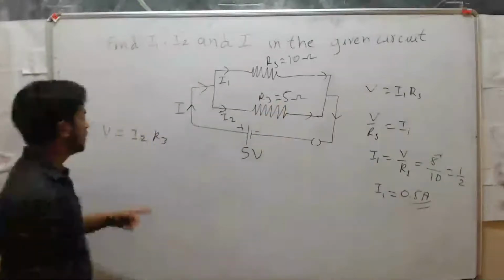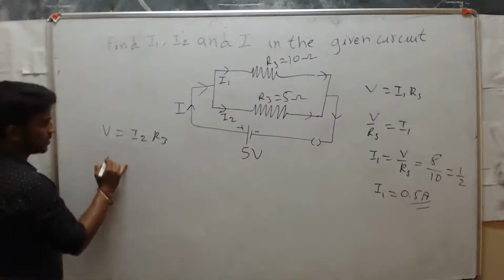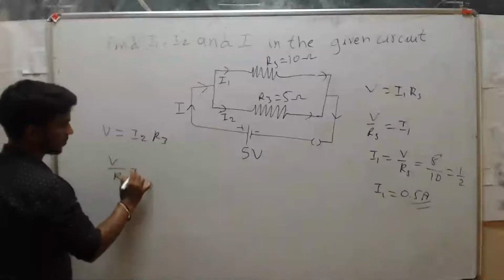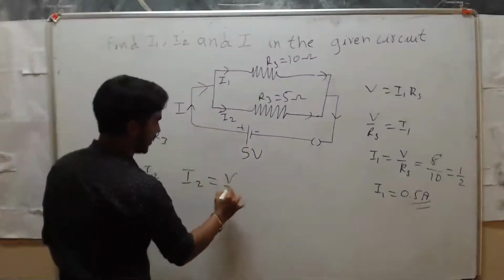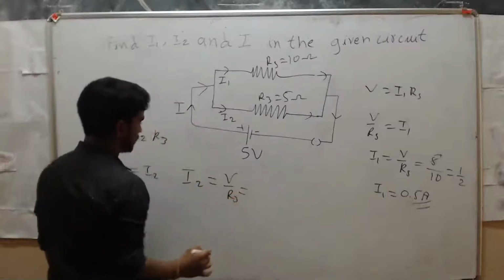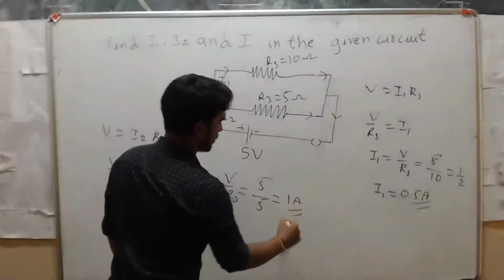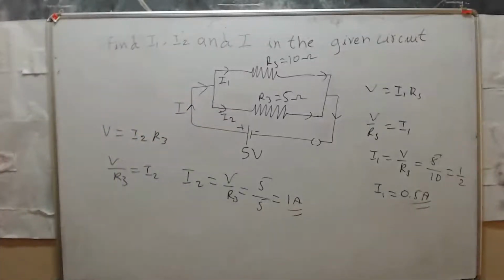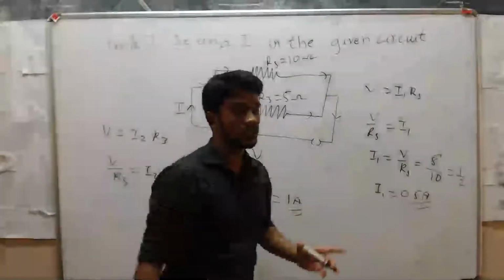So I2 is equal to V by R3, that is 5 divided by 5. So here we will get the current as 1 ampere. So I1 is 0.5 and I2 is 1 ampere.